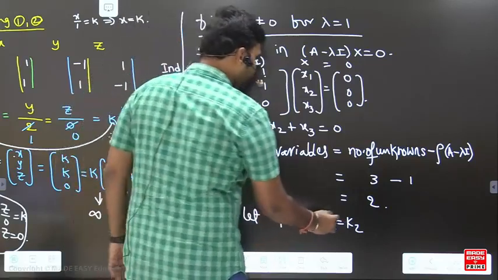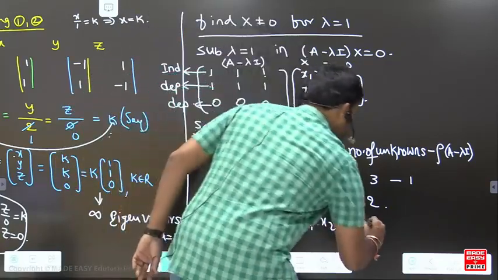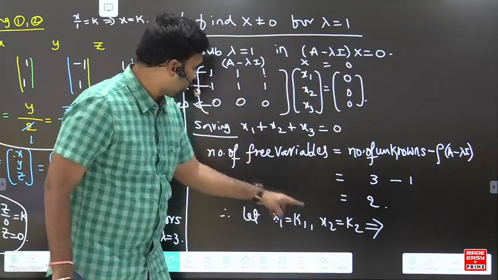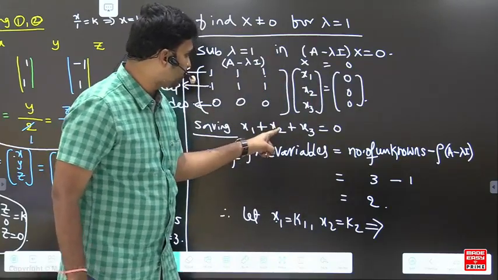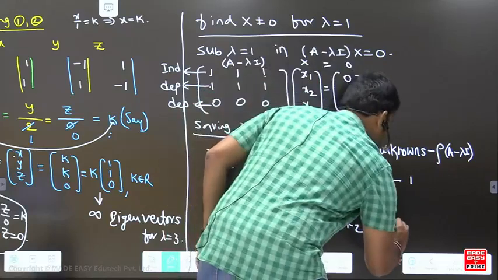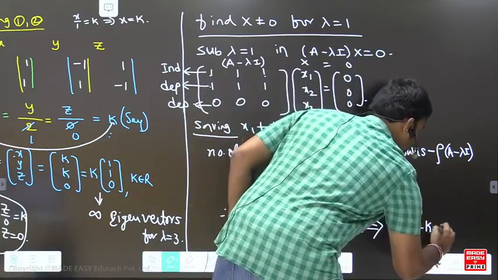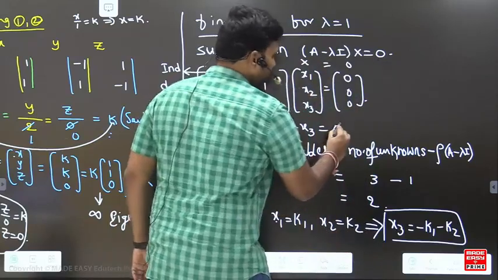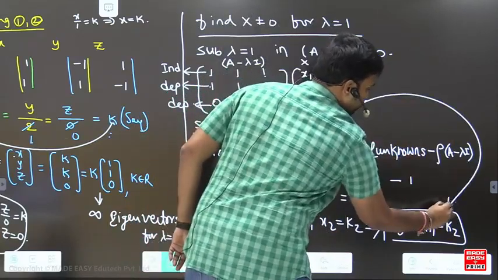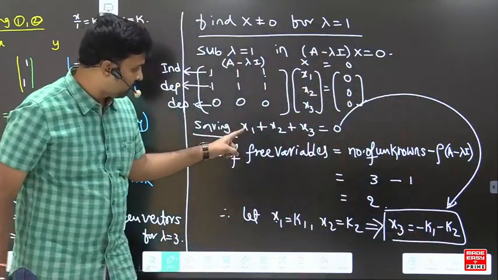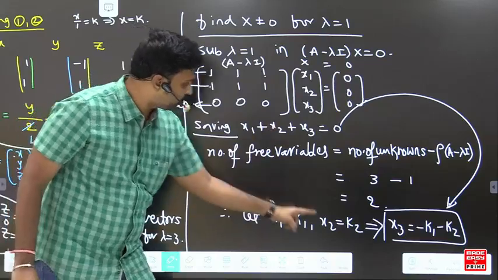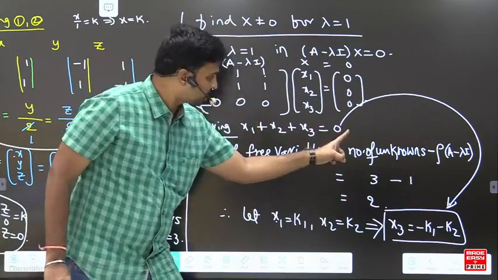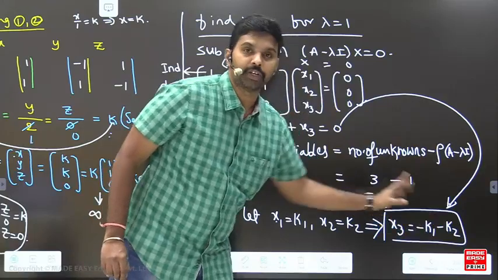If I substitute, then x3 can be written from this equation as minus k1 minus k2. So x1 is k1, x2 is k2, then x3 will be minus x1 minus x2, which is minus k1 minus k2.